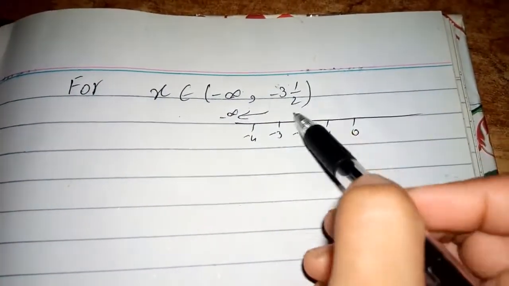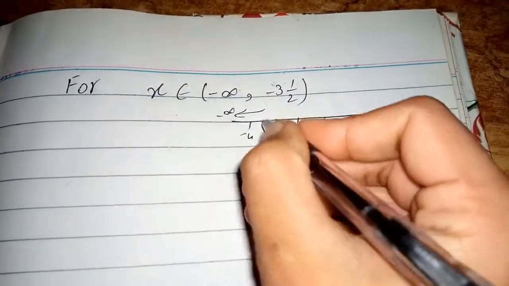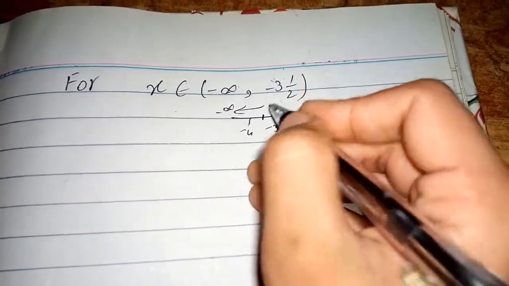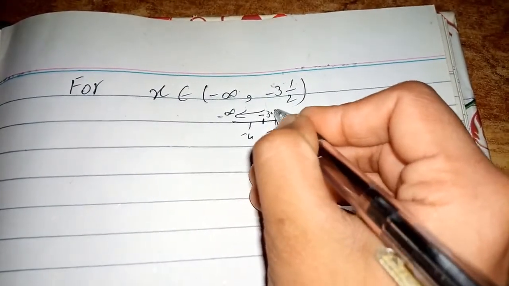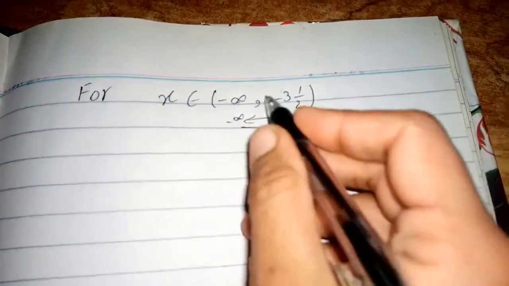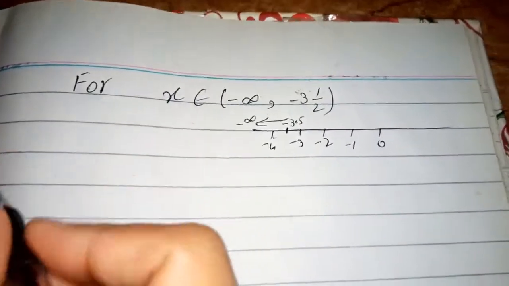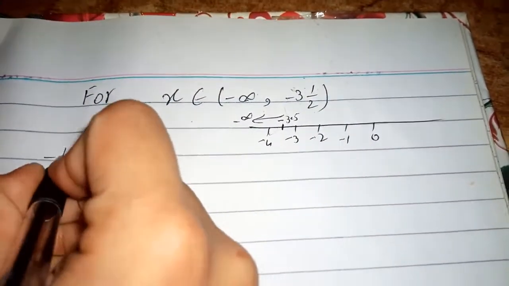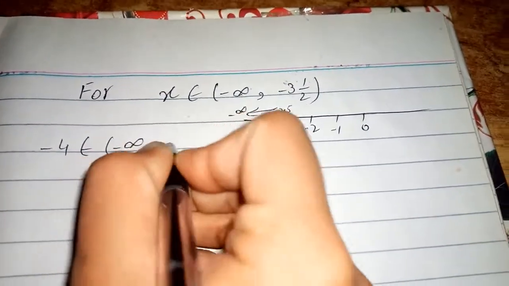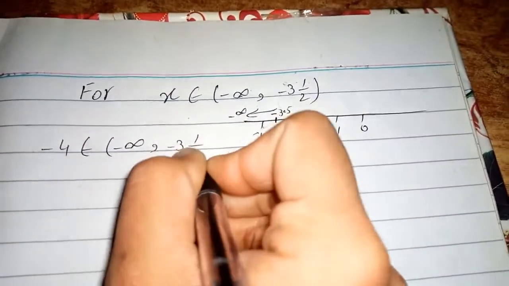The point minus 3 whole 1 by 2 is here, that is minus 3.5. Let us take the point minus 4 from the interval. So minus 4 belongs to the interval minus infinity to minus 3 whole 1 over 2.